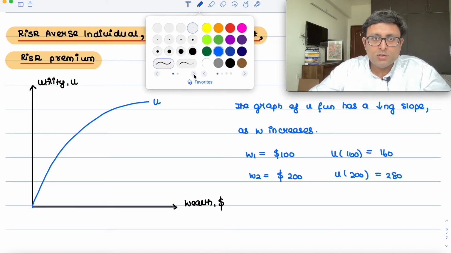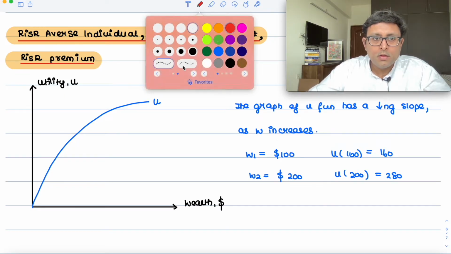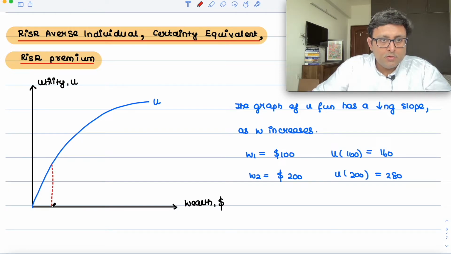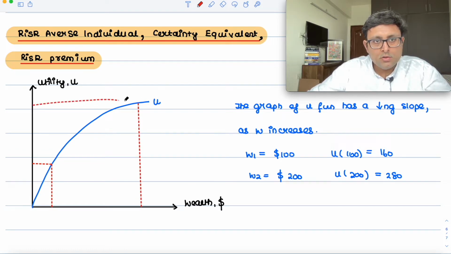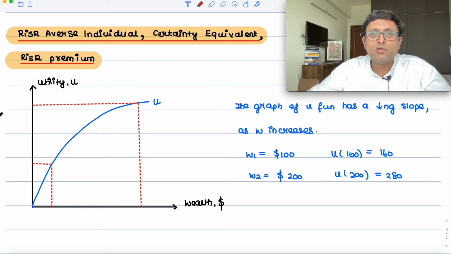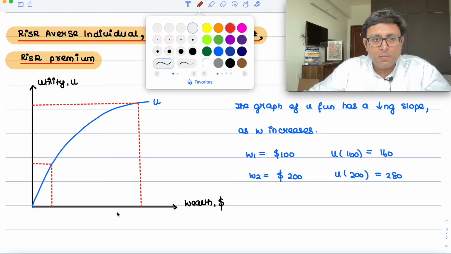Let me put this, then I'll make my point. So I have $100, the utility which I get from these $100, and $200, the utility which I get from these $200.